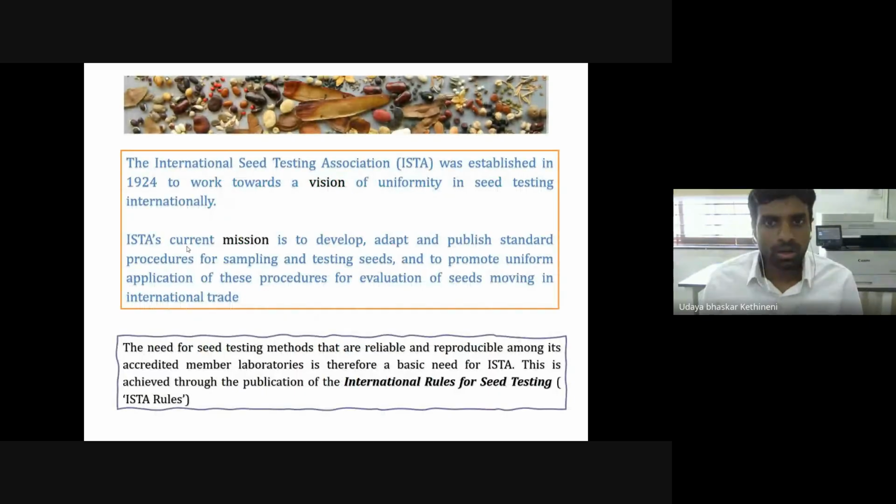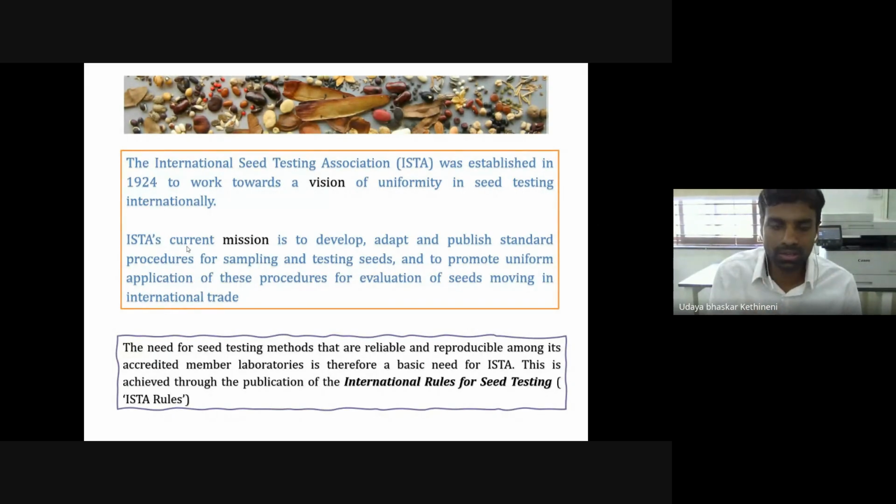Then what is the basic vision of ISTA? Its vision is that the participating laboratories should have a uniform method of testing.